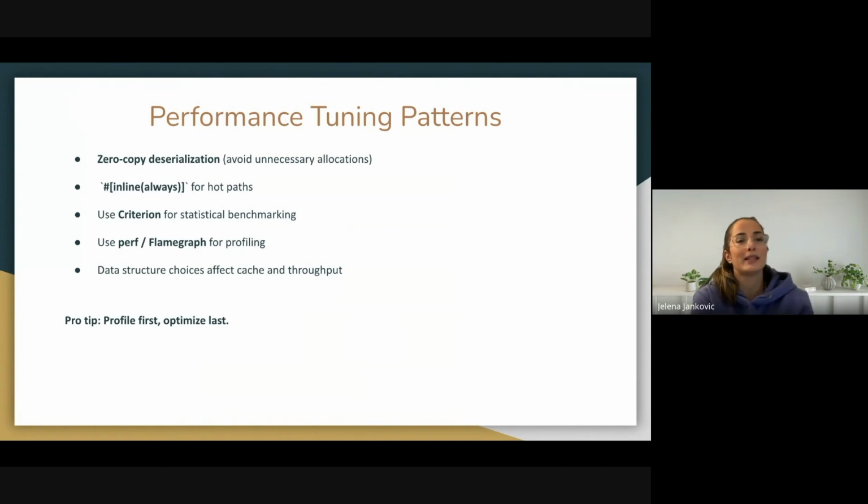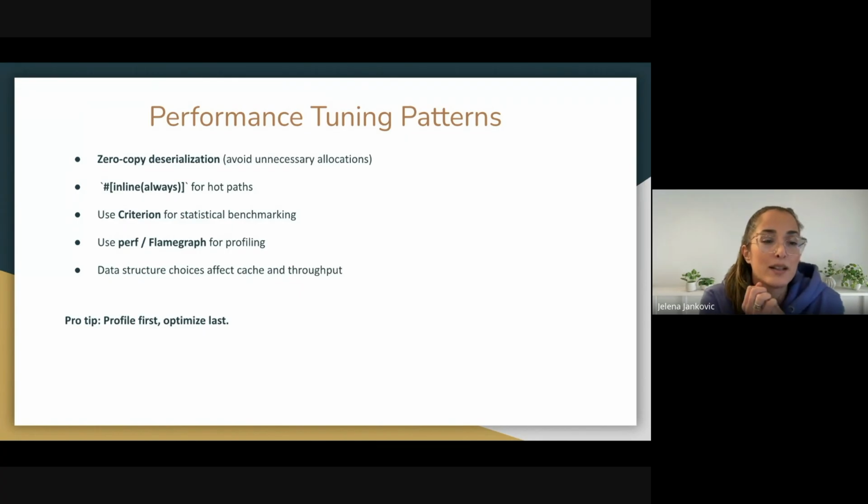Now let's talk a bit about performance tuning patterns. With Rust, we have zero-copy deserialization, which is important because it avoids copying large amounts of data and also reduces memory allocations. Rust is able to reference input binaries without needing to copy everything.